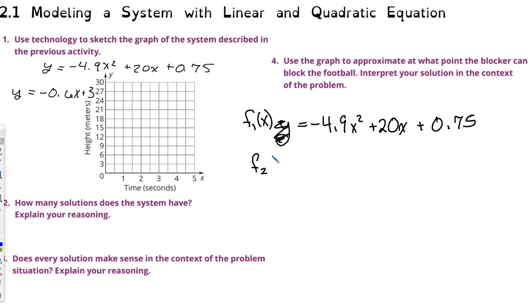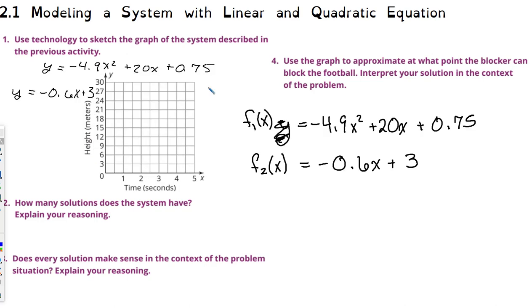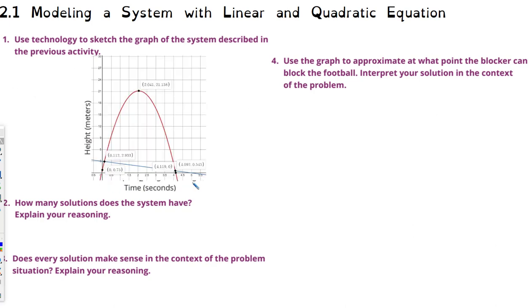And then your f2 of x, we're going to graph that negative 6/10 x plus 3. And when you graph it, your graph should look something like this. And don't forget to set your window to match the window that's given here so you can see the details that we need to see, because you only need to see the first 5 seconds of that kick. As after that point, it's hit the ground.